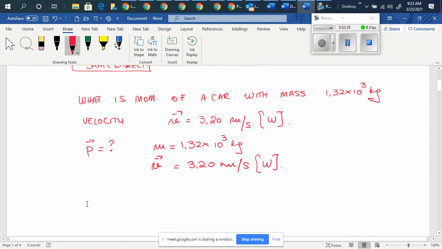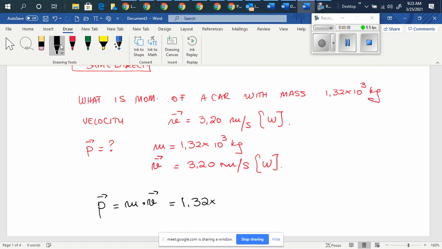But in terms of the magnitude, the formula that we will use is mass times velocity, which is 1.32 times 10 to the power of 3 kilograms times 3.20 meters per second going west.